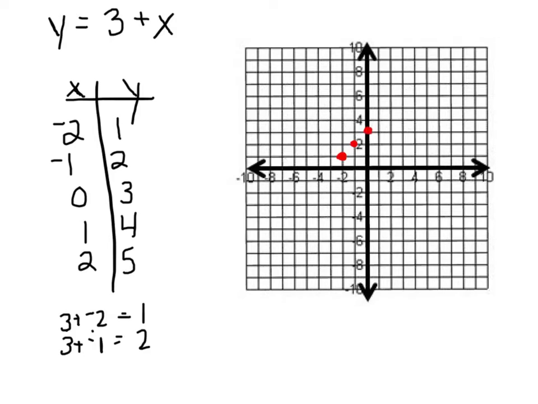Don't change them at all. 1, 4 would be right here. 2, 5 would be right here. And hopefully you can recognize, as well as I can, that these indeed would form a straight line. When I graph these, I want to make sure that I connect the dots and that I put arrows on either end of the line.